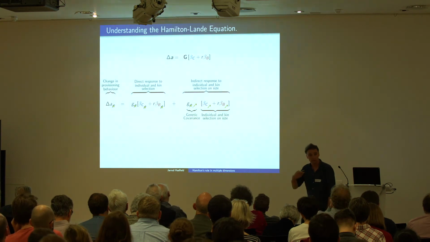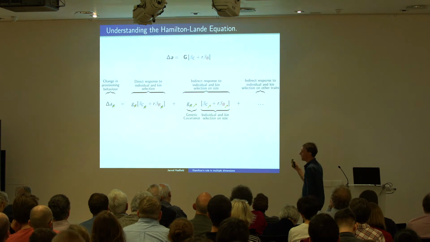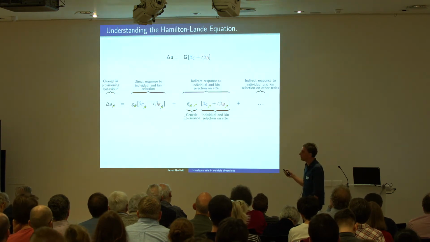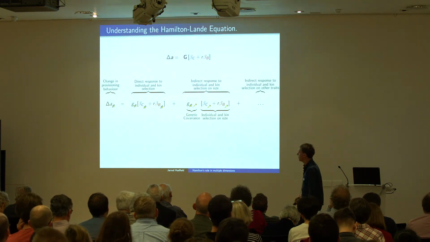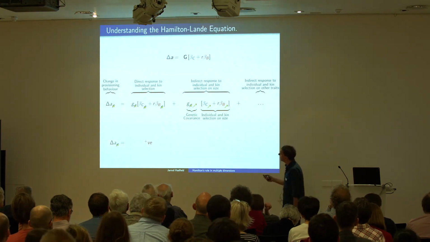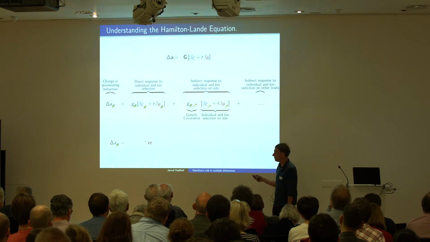And clearly there are going to be many traits out there that are also under selection, so we have to add all these terms in here. It's clear that Hamilton's rule will fail when we have multiple traits, because it's very unlikely all these terms are going to be zero. So in our case, let's imagine that the benefit to relatives exceeds the cost for provisioning behaviour.